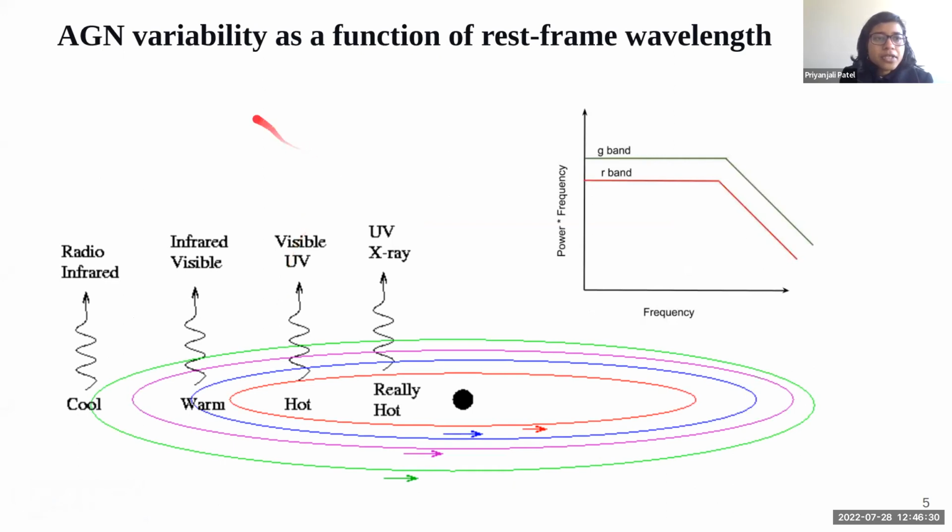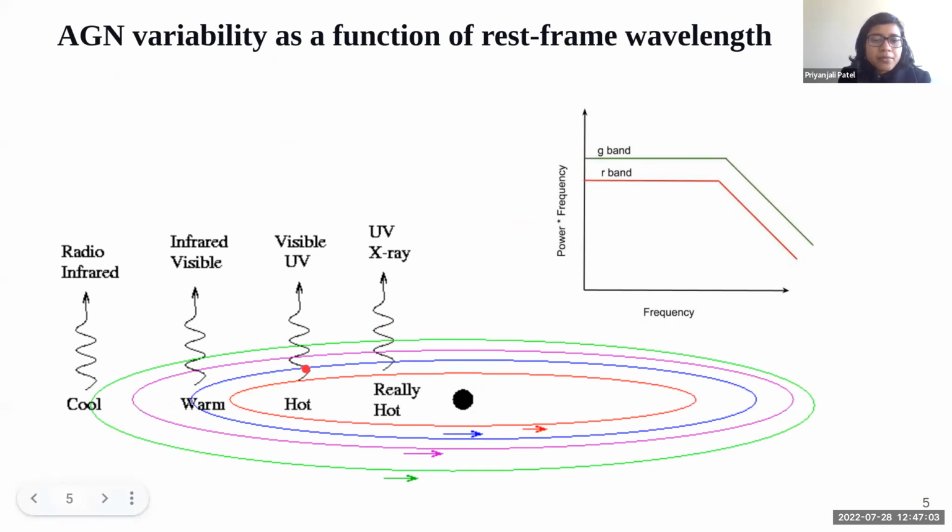This study explores how AGN variability is correlated with rest frame wavelength, and here is a cartoon to explain the temperature profile of the accretion disk. In the center is the black hole, and around it is the accretion disk, which is made up of different annuli, and the assumption is that these annuli emit black body radiation.